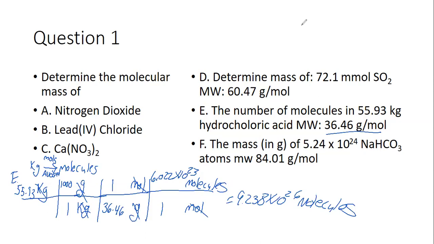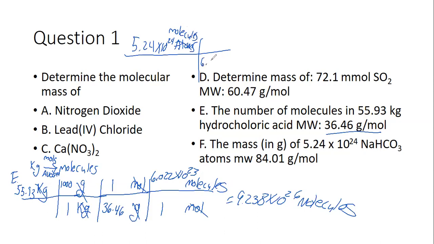Since class is almost up, I'm just going to go straight to the numbers. But hopefully looking at E, you can already visualize how to go from molecules to grams. So we have 5.24 times 10 to the 24 molecules.